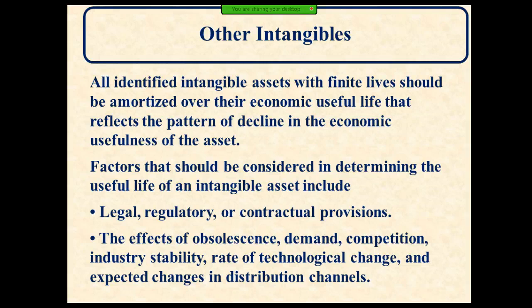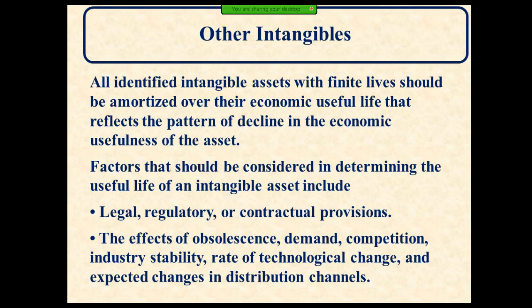When we're dealing with intangibles that have finite lives, we're going to amortize those. The types of intangibles with finite lives include those that, based on a legal or regulatory contract, are going to last for a specific period of time and have a specific period of usefulness.